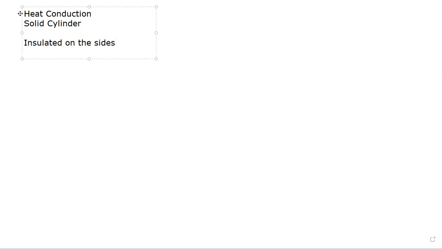The ends are going to be 0 degrees. And L is going to be the length. So we're going to have u of x and t, which is going to give us the temperature.